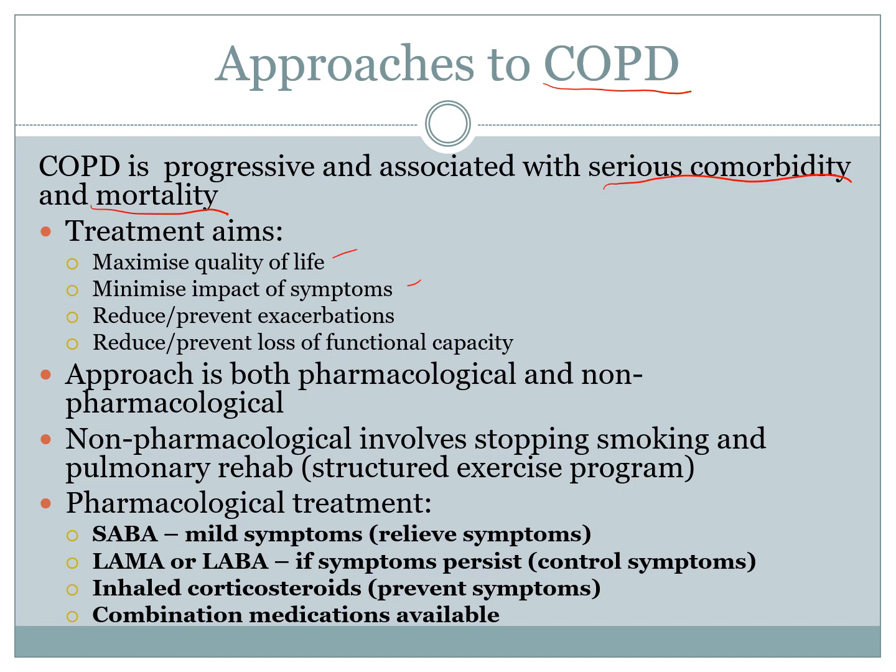That is the goal of your management. The management approach needs to include a pharmacological approach, obviously, but also non-pharmacological. So they have to be encouraged to stop smoking and do their exercise rehab program, associated with increasing the longevity of the lung tissue they have and improving overall function.